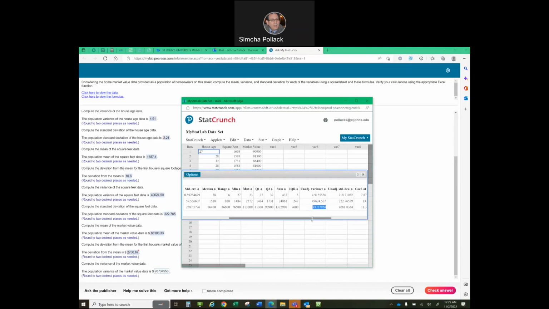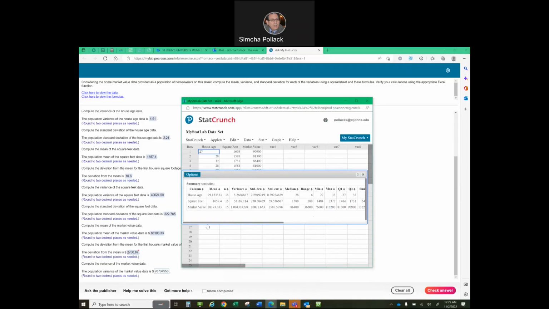Let's see what's going on here. Unadjusted variance for market value, 9973.7956. I don't know what's going on. Maybe there's some decimal places here that I'm not seeing.